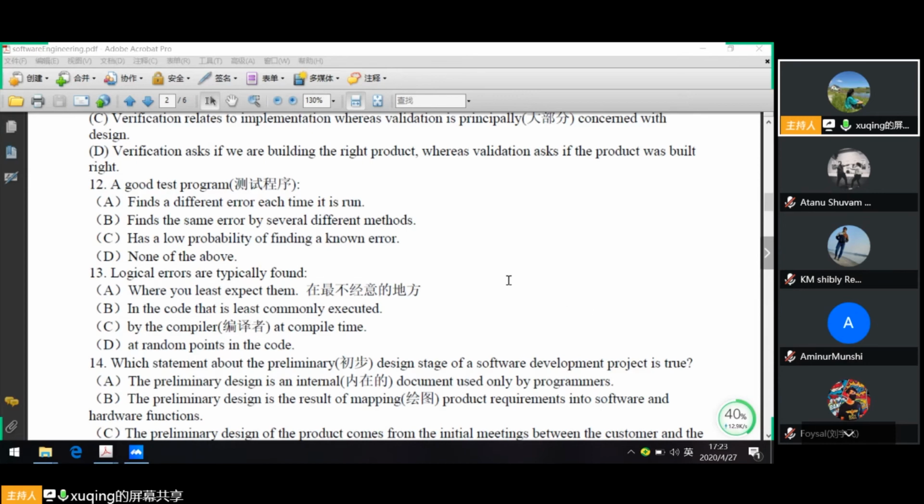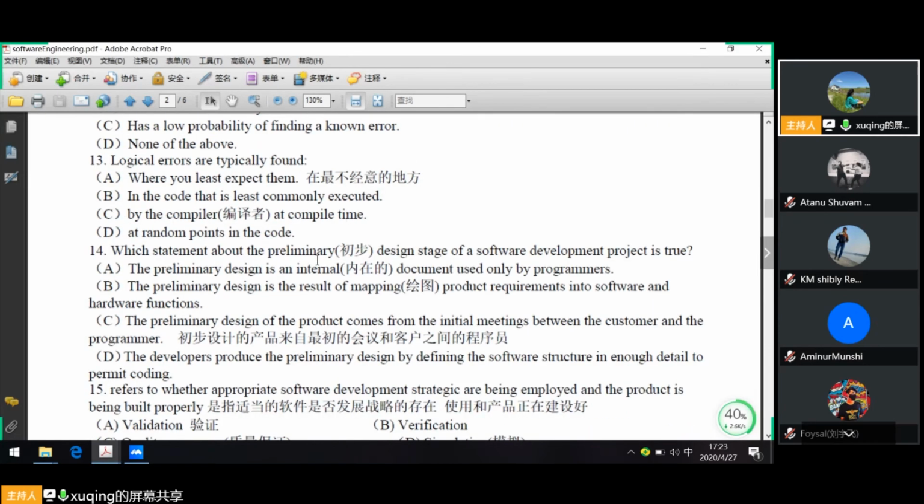And then for exercise 14, what's your answer? 14 is C, 15 is A. Yeah, it's correct for 14 and 15. For the 14, which statement about the preliminary design stage of a software development project is true? The preliminary design stage comes from the initial meetings between the customers and the programmer.